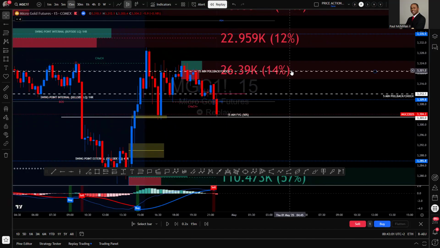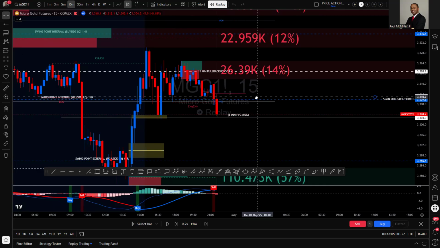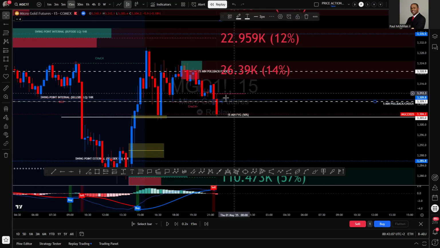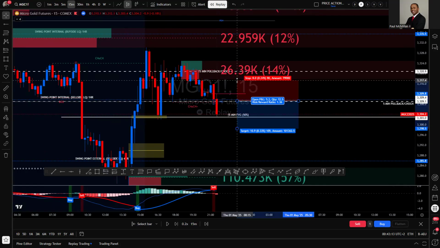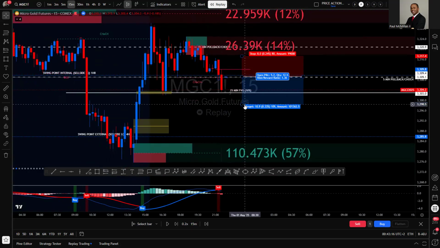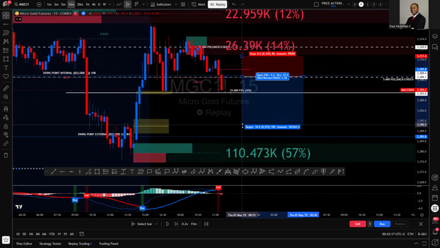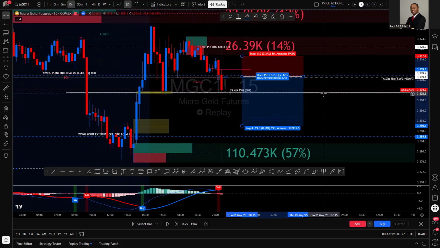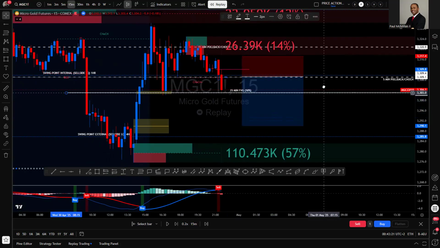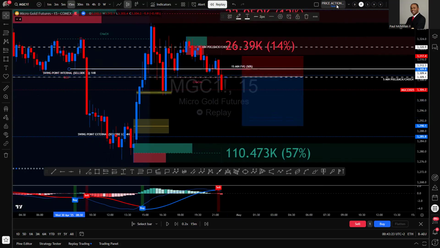So then we remove our chops levels. I'll just keep this chops level right here. Okay. But then we got strength here, so we would sell this down. So we put our stop loss here, and then target down to here. And then this would be everything. Then the gap right here.